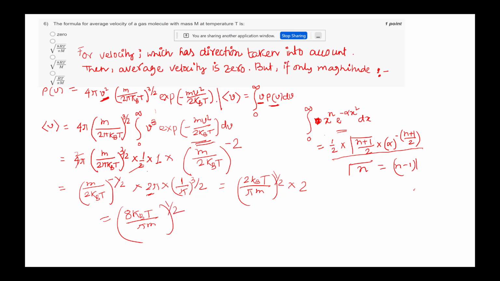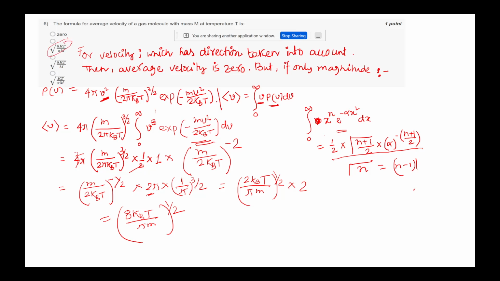Here this is for one particle, but here it is a gas molecule with mass m, and the options should be 8 kbT by pi m. If it is 1 mole of gas molecules, it would be the same.